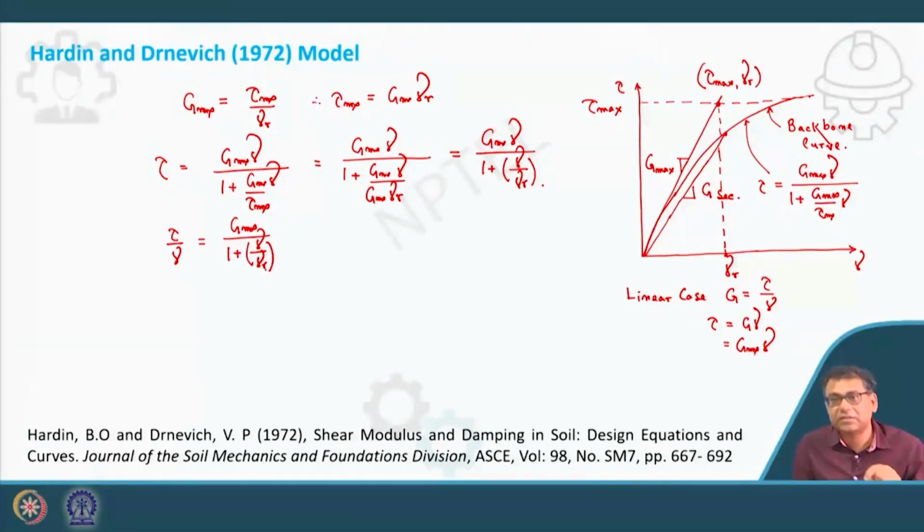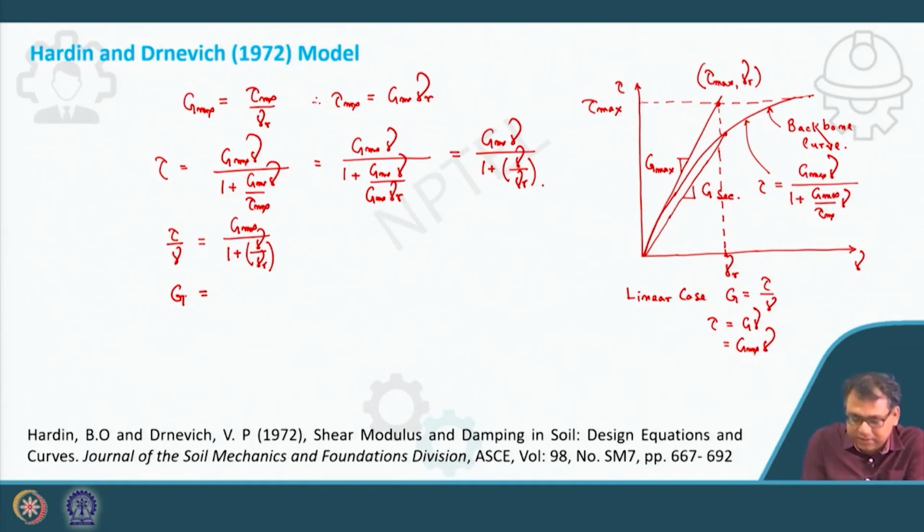Now shear stress by shear strain at any point will be what? It will be the shear modulus G, but not G max. G max is the initial one, but now it is at any strain level, or any point on this backbone curve.